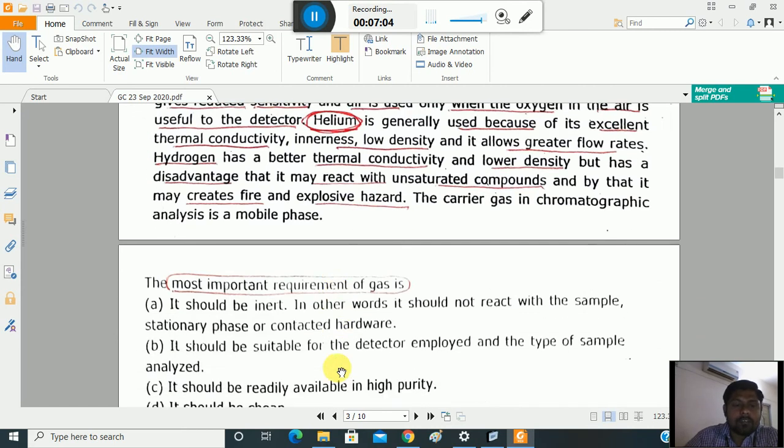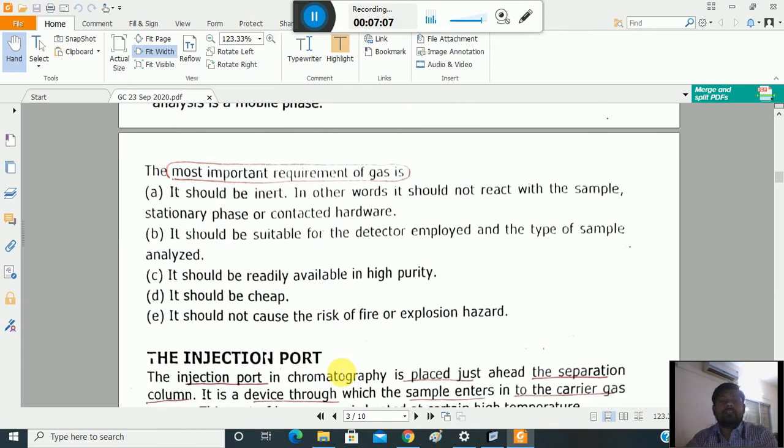Okay, next point, the important requirements of the gas. What are the most important requirements of any gas to behave like a carrier gas? It should be inert. That is point number one. Second, it should be suitable for the detector employed and the type of sample analyzed. It should be suitable for both sample as well as for detector. It should be readily available in high purity.